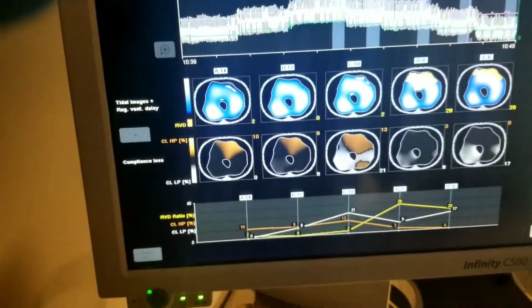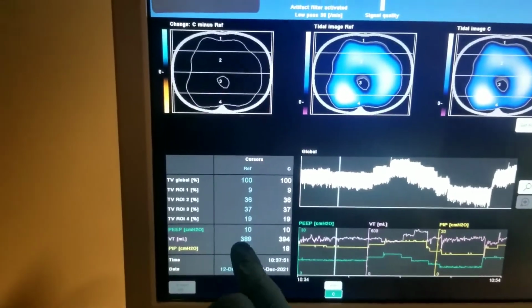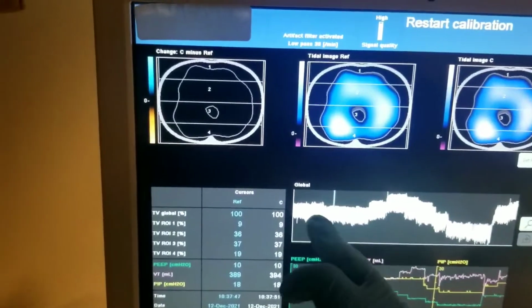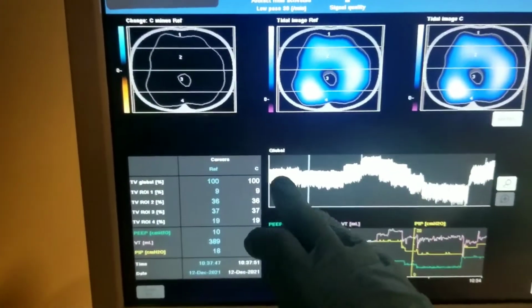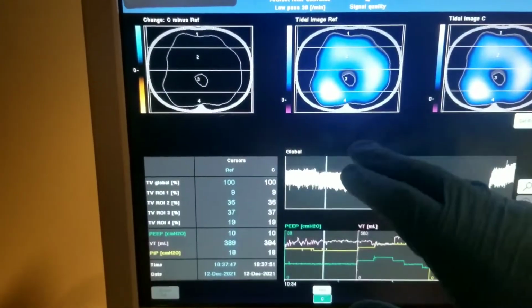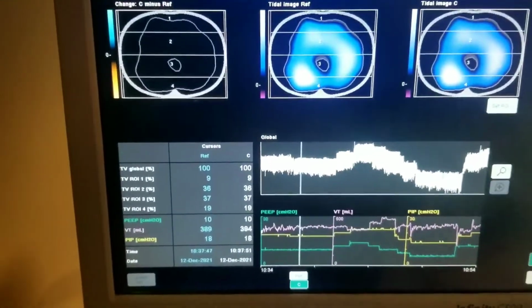Okay, so for this screen, it's the end inspiratory trend. You can actually also assess quite quickly if you're recruiting or de-recruiting. Remember that these are impedance values, and the more that impedance is increasing, the more aeration there is. The less impedance, the less aeration.